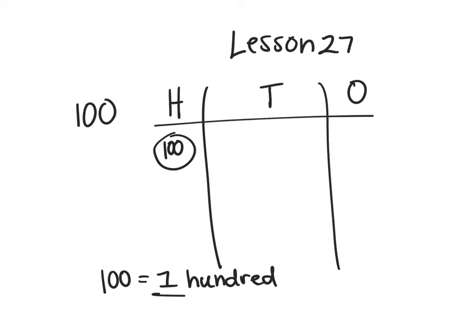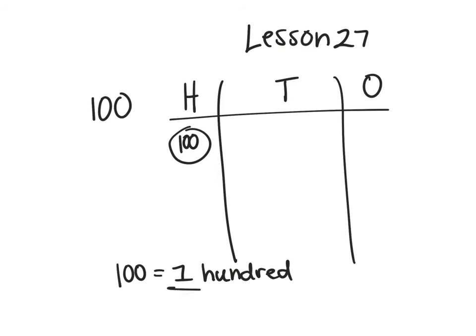Okay? So then, what if I said, I want to break that down a little bit. I want to see how 100 can be broken apart. That's what we've been working on, unbundling. So instead of saying 100, I could talk about it in terms of how many tens are there.